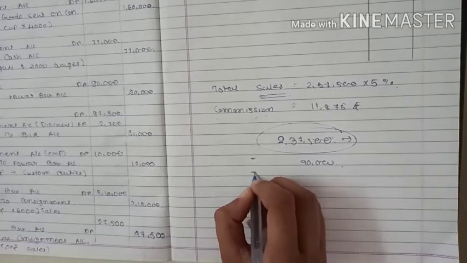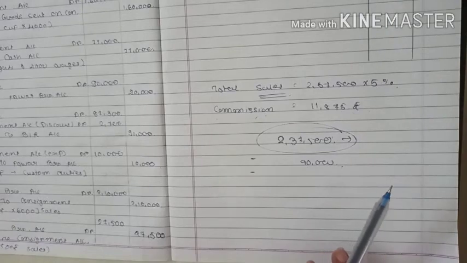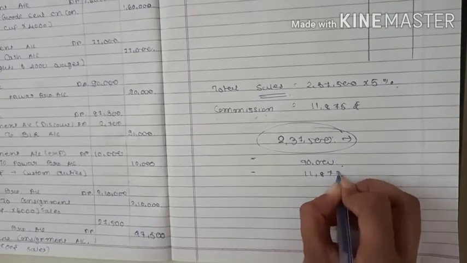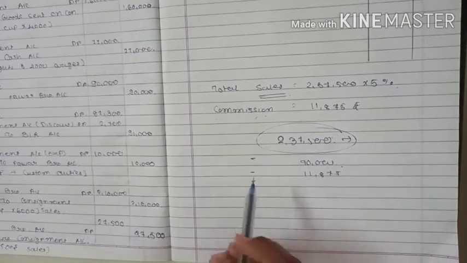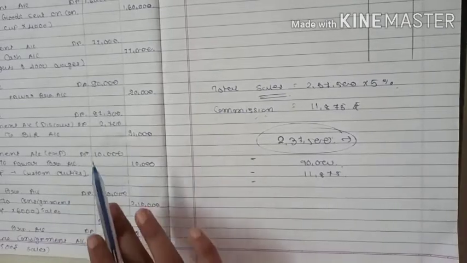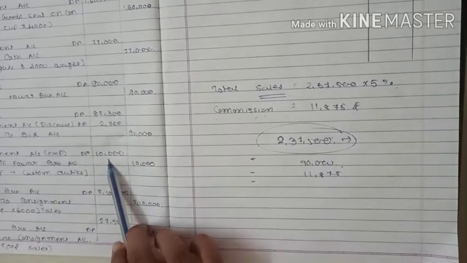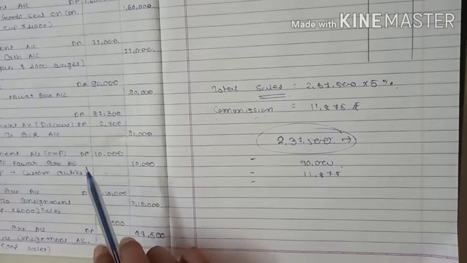Then the commission payable to Pawar Brothers is 11,875 also. And the expenses paid by the consignee, Pawar Brothers, are rupees 10,000. He will not bear these expenses, obviously. Who will bear them? We have to bear them.